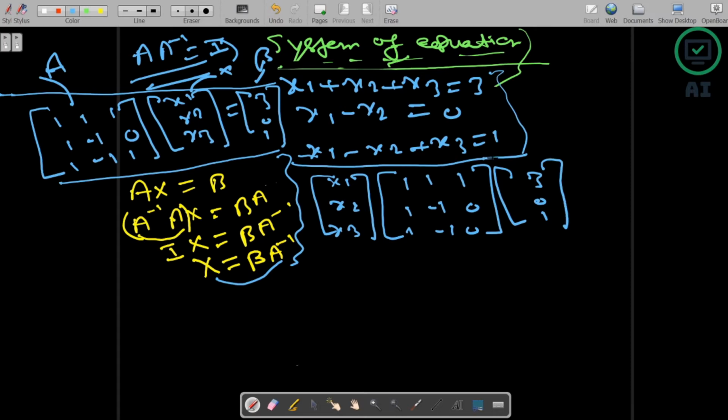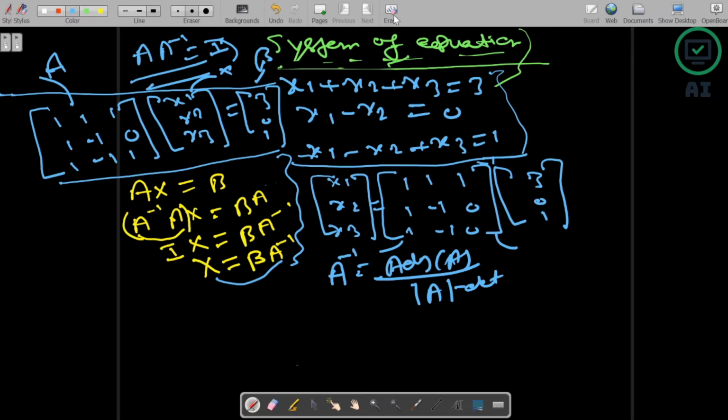We have to find the inverse of this one. What is the inverse for a 3 by 3 matrix? It is nothing but the adjoint of A divided by the determinant of A. So let's try to find A inverse first.